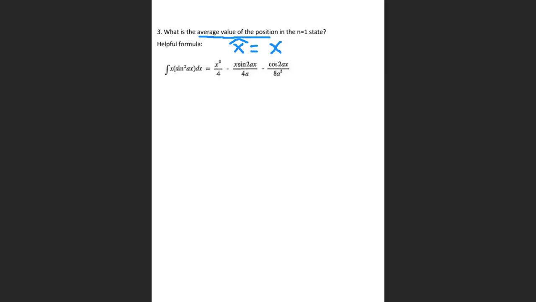Okay, so first you have to ask, well, in principle, is psi an eigenfunction of the position operator? And hopefully you can see from the form of psi that psi is not an eigenfunction of the position operator.